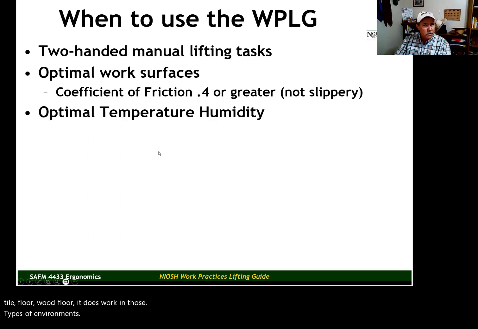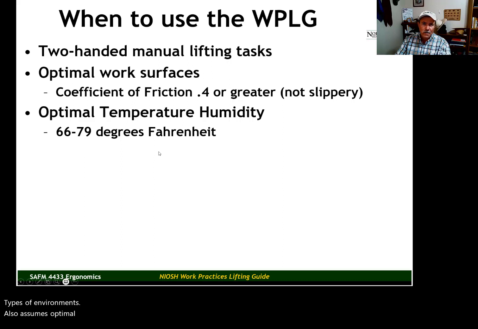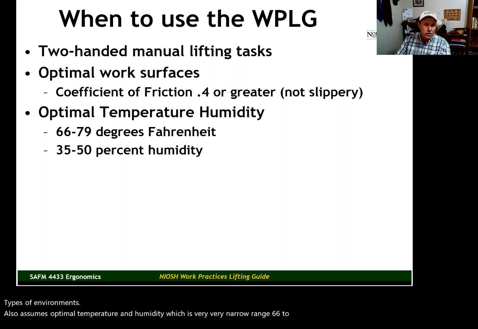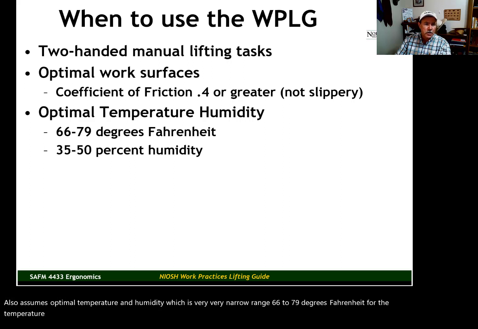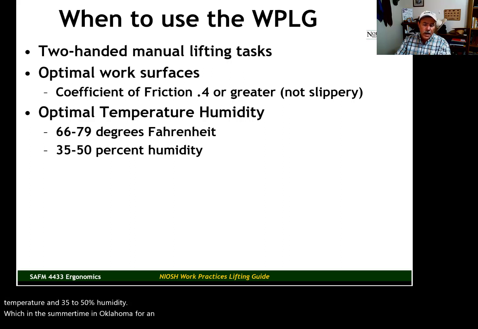Also assumes optimal temperature and humidity, which is a very, very narrow range, 66 to 79 degrees Fahrenheit for the temperature and 35 to 50% humidity, which in the summertime in Oklahoma for an outdoor task, or let's say we have an unair-conditioned warehouse in Oklahoma in the summertime, those aren't optimal temperature and humidity conditions.